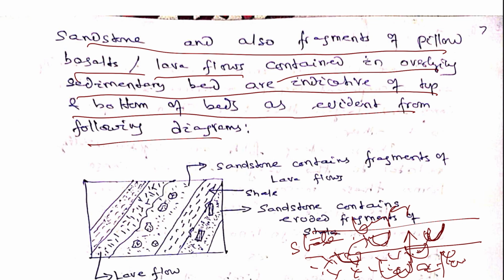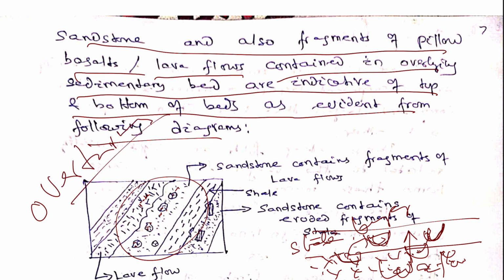But if you see that these fragments are occurring at the bottom, as it is here, and here it is the igneous body and its components are here in the lower bed, which can normally never be possible in any sequence of sedimentation process, here it is a clear case of overturning of beds.